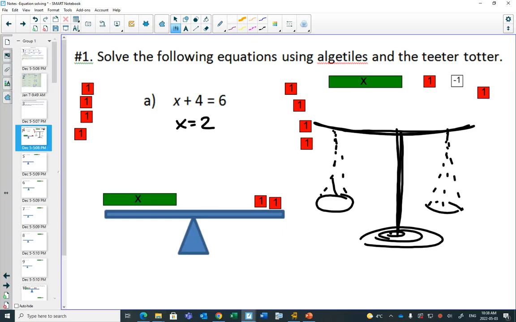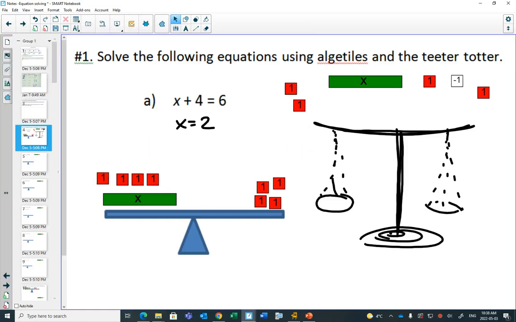What you're going to draw originally is this. The x plus 4 is on one side, and 6 is on the other side. This is the idea that it's balanced. Okay, let's draw the next one.